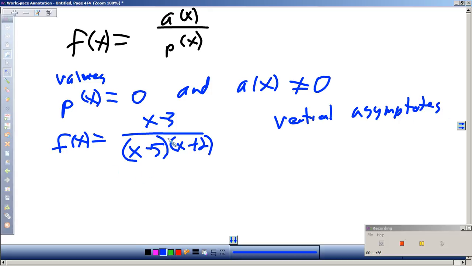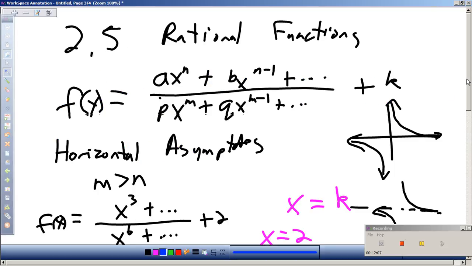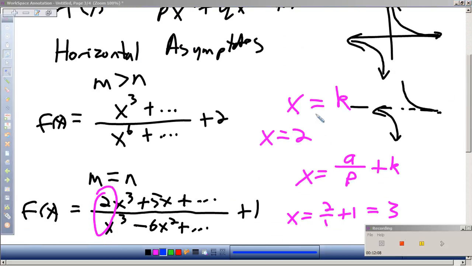So what would the vertical asymptotes of this function be? x equals 5, x equals negative 2. Hold on. Back here, I think I did something. These should be y equals, because it's a horizontal line.